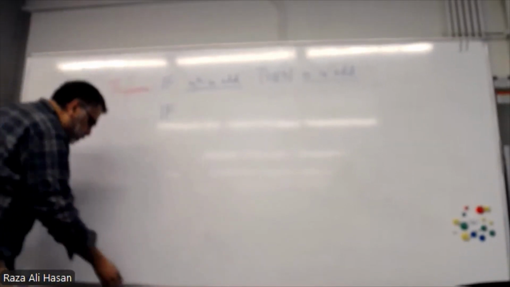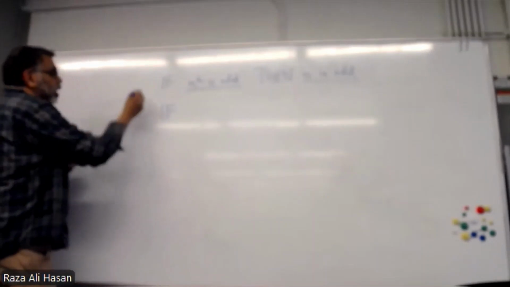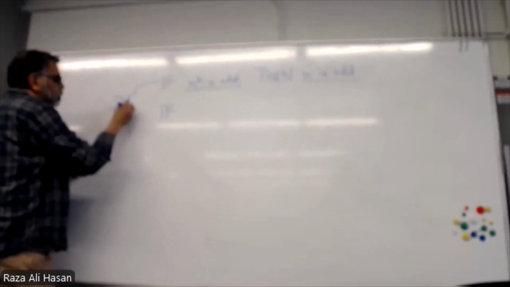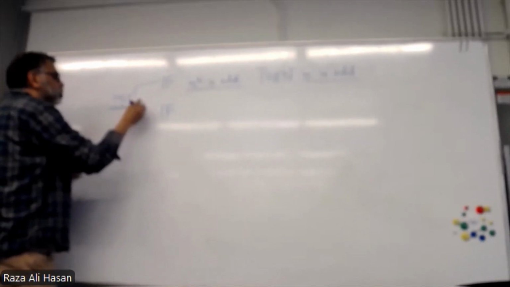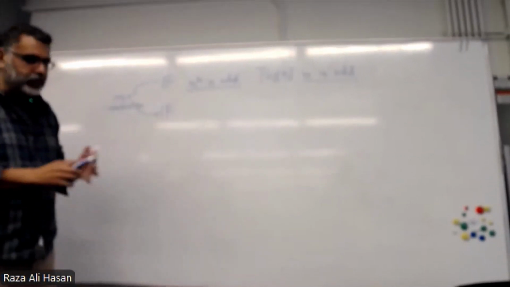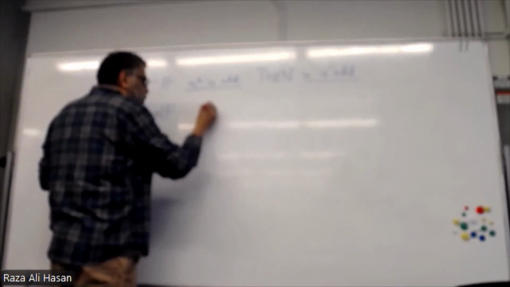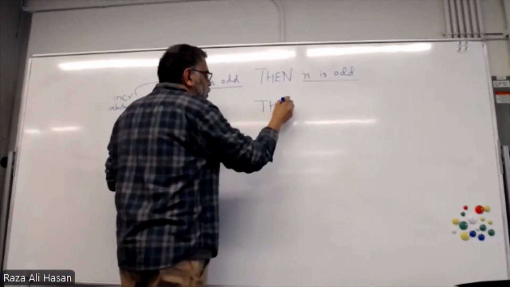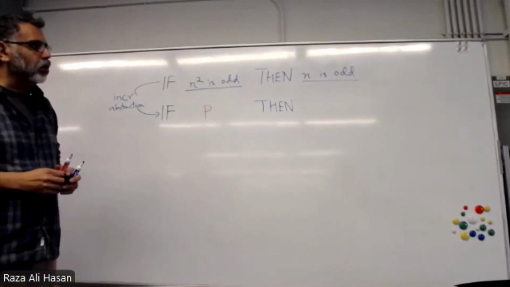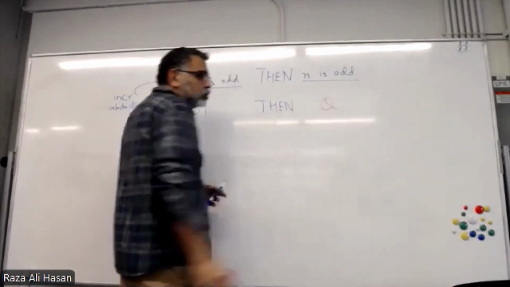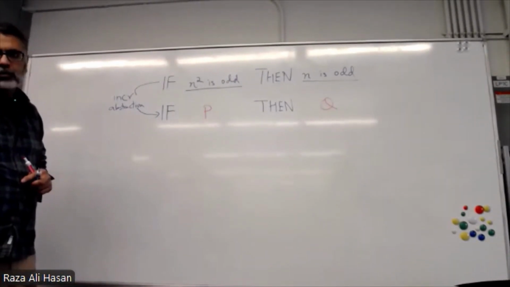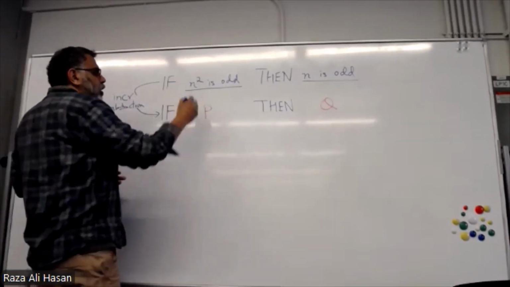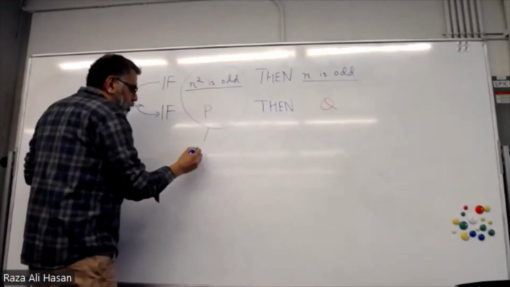Now I want to increase the abstraction. So I'm going to replace this thing with a letter P. And "n is odd", I'm going to replace it with Q. Okay, so what's happened now is that we can call these two things statements.